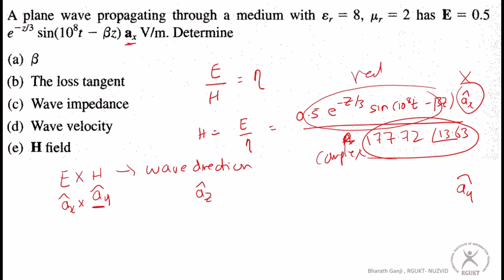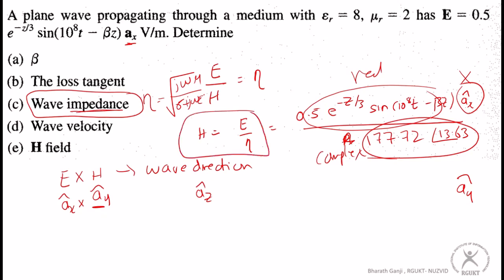The eta you calculated, the wave impedance, is the square root of j omega mu by sigma plus j omega epsilon. It's an impedance, so it's actually calculated in the frequency domain. So you can't directly divide the electric field by eta in time domain.